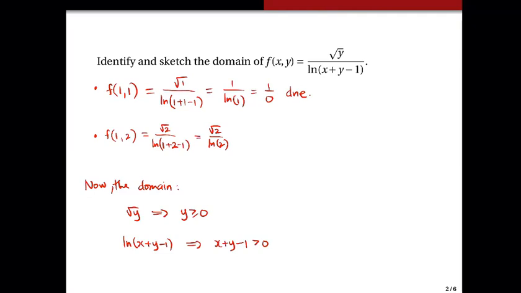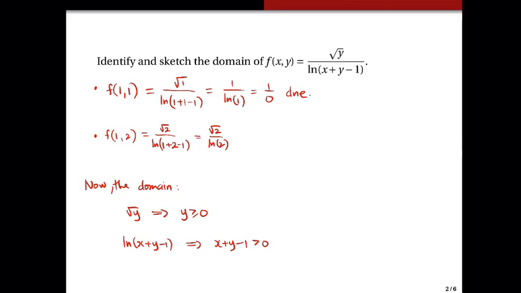Correct? Furthermore, since ln of x plus y minus 1 is in the denominator, we don't want the value of ln itself to be equal to 0.